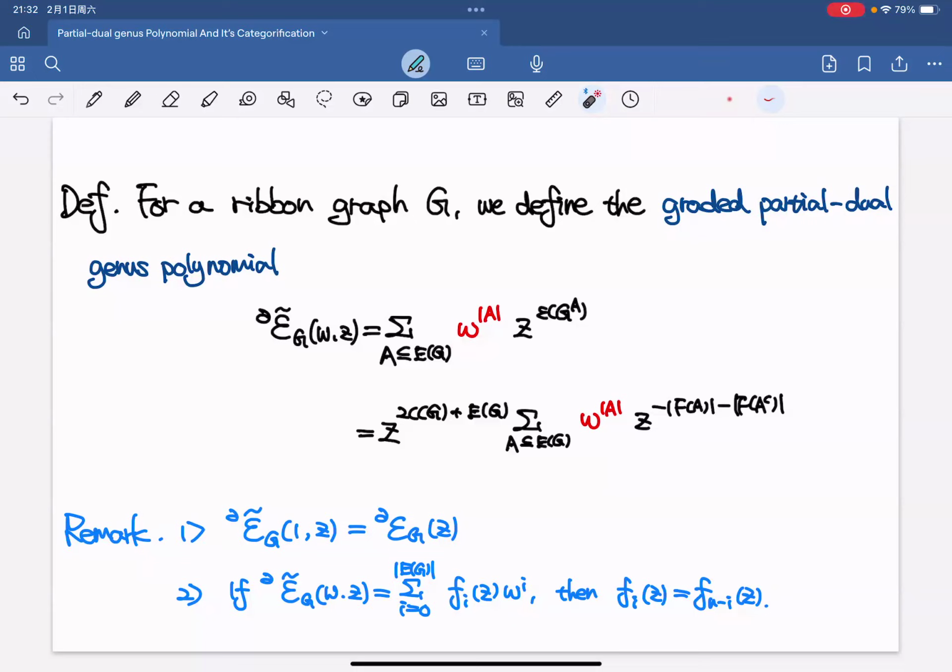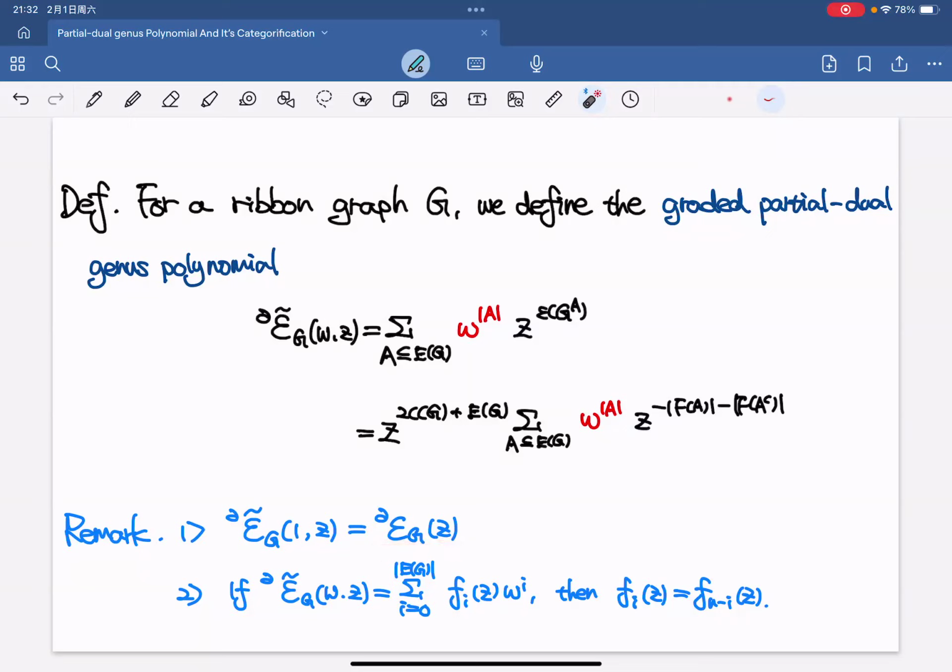And here we just add one term like this, where this means the number of edges in the subset A. It is very easy to find that if we take w to be 1, then we recover the original partial dual genus polynomial.